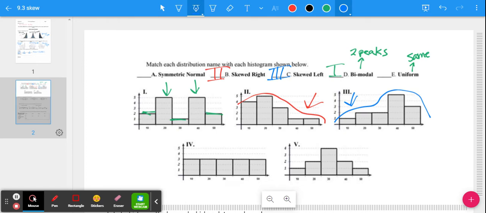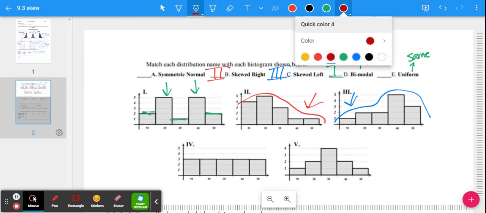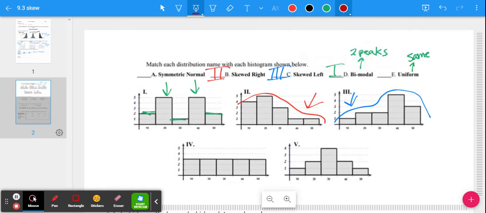Number 4, they're all the same, which means it is uniform. And the last one, because it has that peak, it is symmetric or normal.